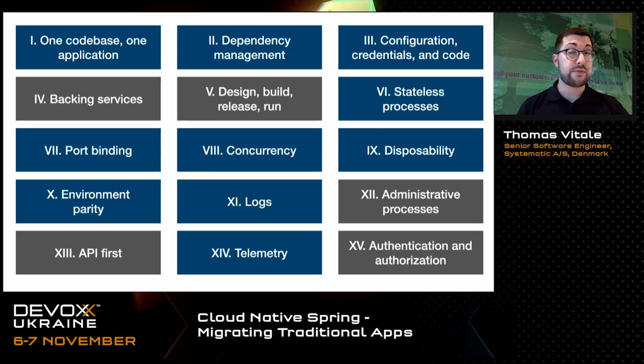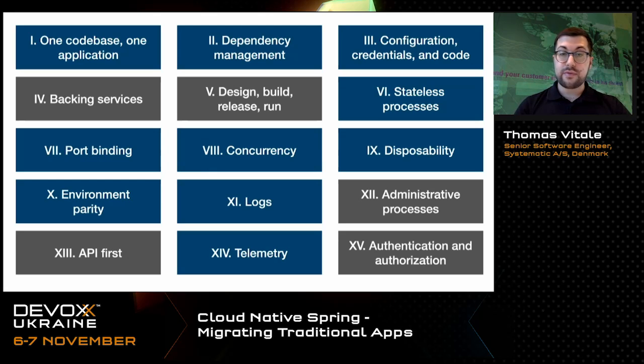Configuration shouldn't be part of it, but should be externalized with special care for credentials and other secrets that should be handled in a very careful way. We talked about port binding, which is about exposing the application services through a port, and that the application should be self-contained, like we have a jar file now.